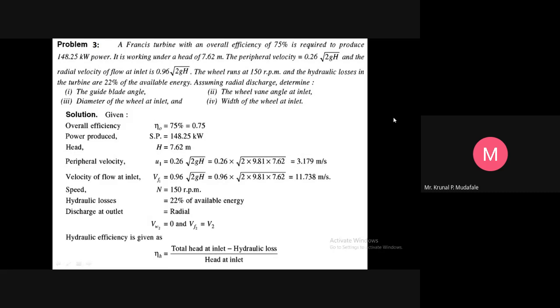The wheel runs at 150 rpm and the hydraulic losses in the turbine are 22% of the available energy. Assuming radial discharge, determine first the guide blade angle, second the wheel vane angle at inlet, third the diameter of the wheel at the inlet, and fourth the width of the wheel at the inlet.